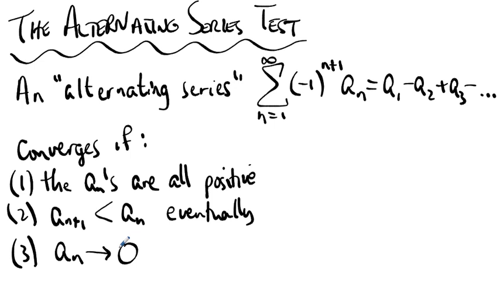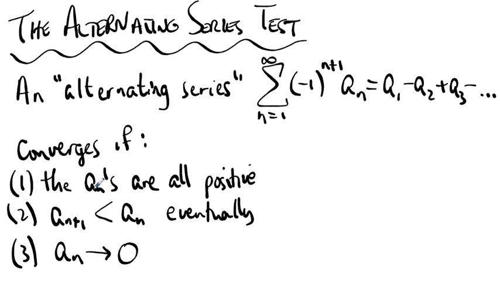The a sub n's all have to be positive. A sub n plus 1 has to be less than a sub n eventually, after some point. Maybe it's not true for the first 100,000 terms, but after that, the terms progressively get smaller and the terms approach 0. So what does this mean?